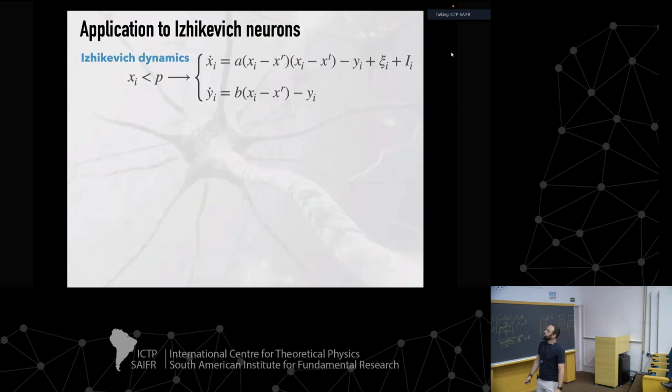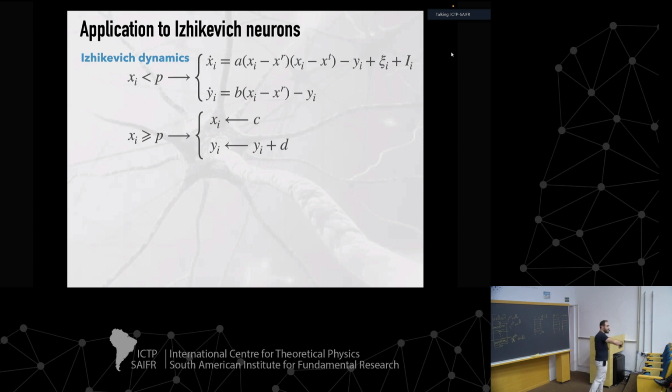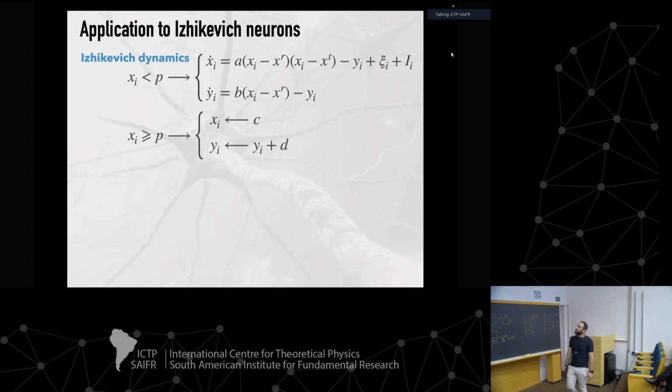So this is the Izhikevich dynamics, okay? Remember, it's a two-dimensional system, x and y, and when the activity in the first variable is less than p, it corresponds to this equation. When it surpasses a threshold, then the variables are reset to a value in order to start again, and you can see this, okay?